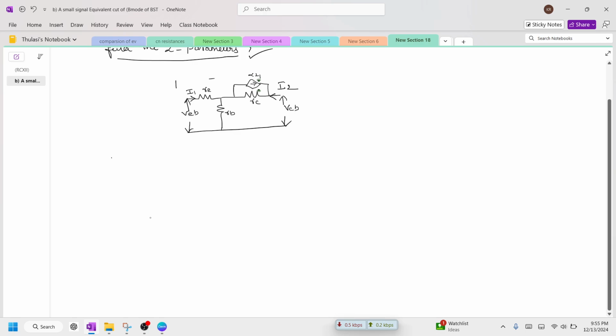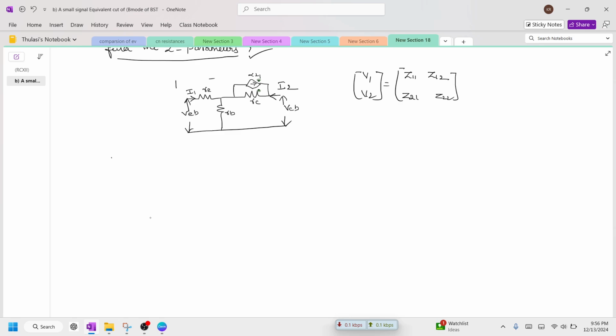Okay. So we know the equations of V1 as well as V2 as input voltages, and we are writing the Z parameters as Z11, Z12, Z21 as well as Z22 multiplied with I1 as well as I2.